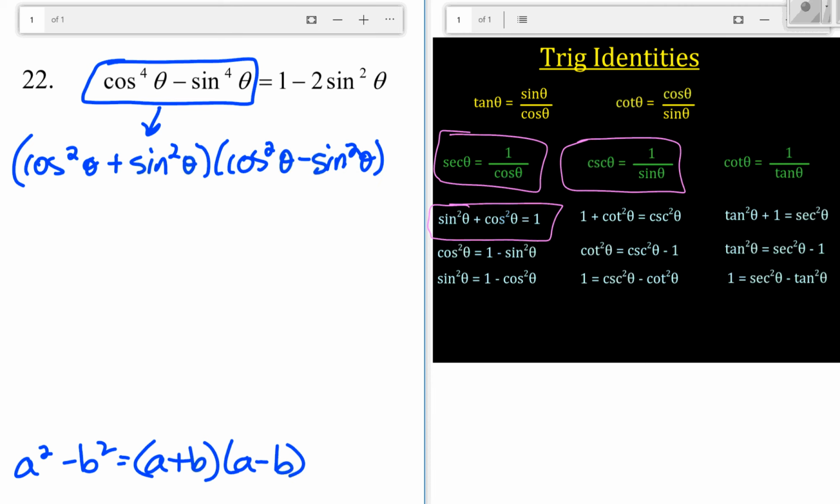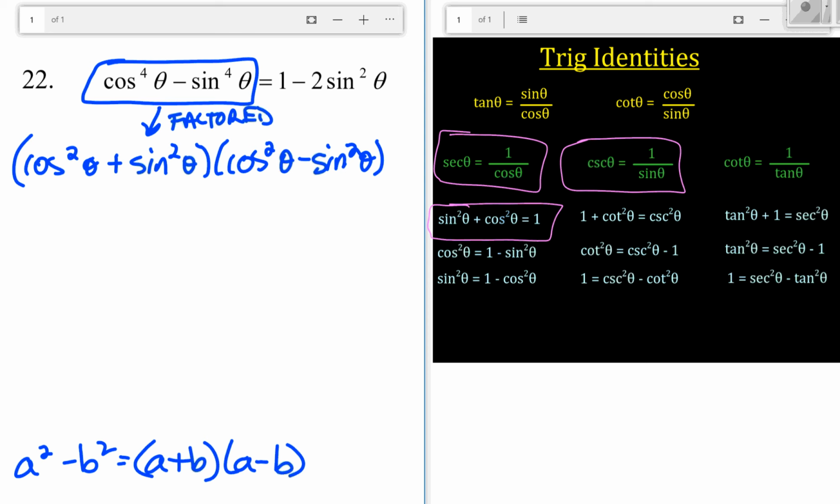In this case, our A is cosine squared and our B is sine squared, so when you square those, you get to the 4th. So I factored the original, and I got those two things.